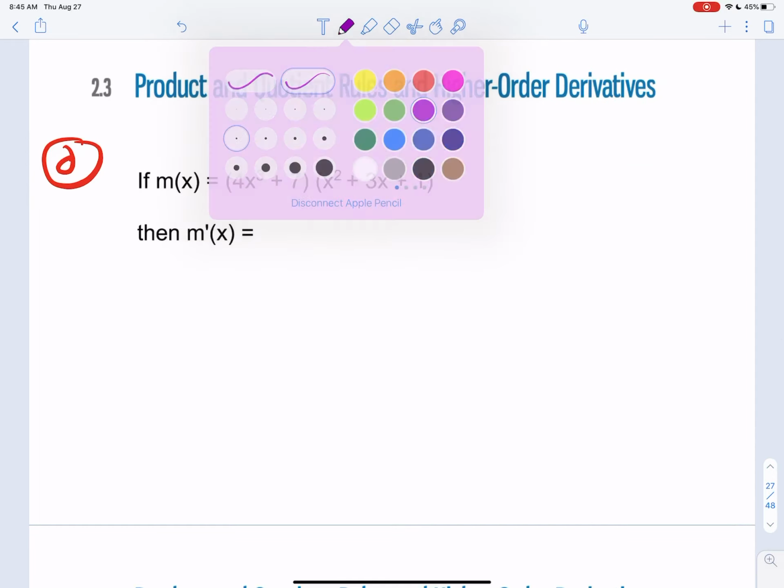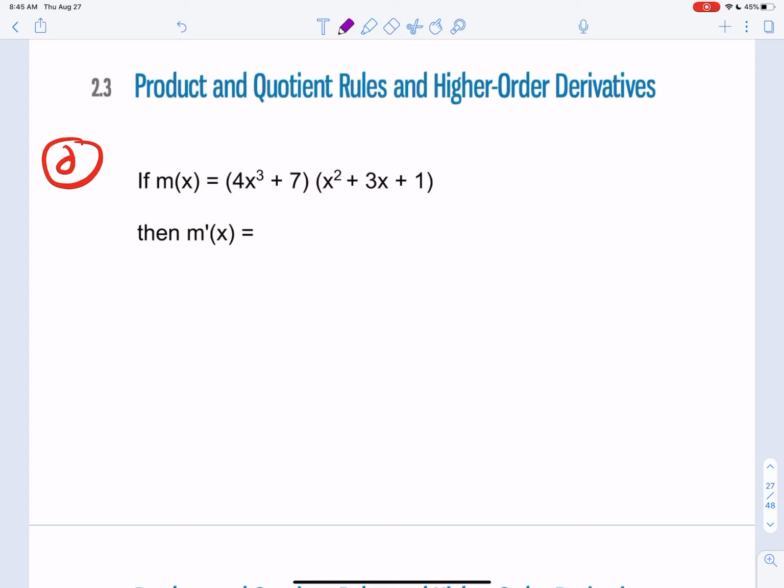Take a look here. Now, here I have a product, all right? I can apply the product rule, or I can distribute the heck out of this and then take the derivative, okay? But notice if I try to distribute this, I have 6 multiplications I have to take care of, along with combining like terms, and then I take the derivative.